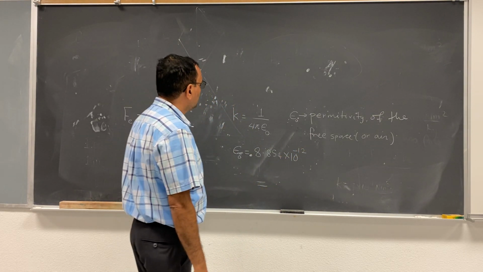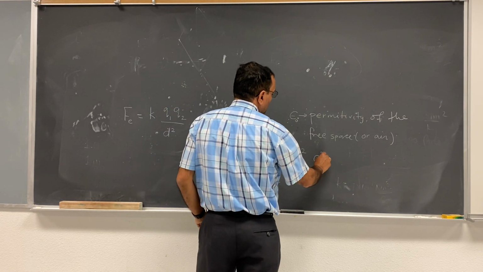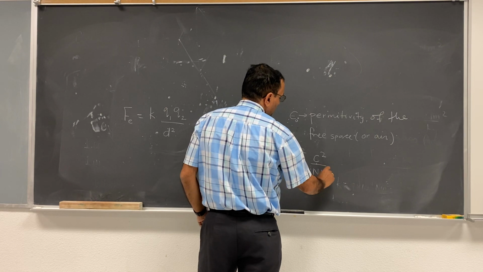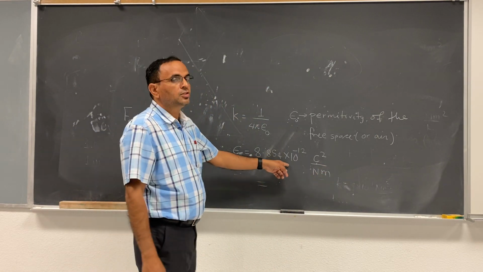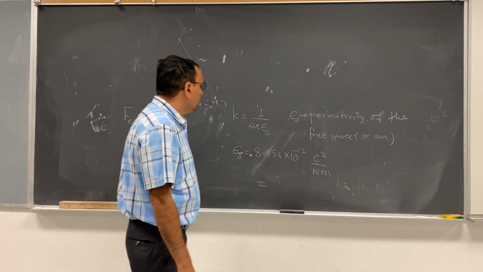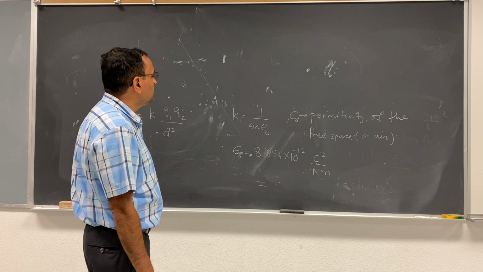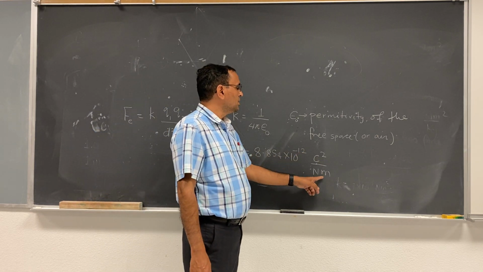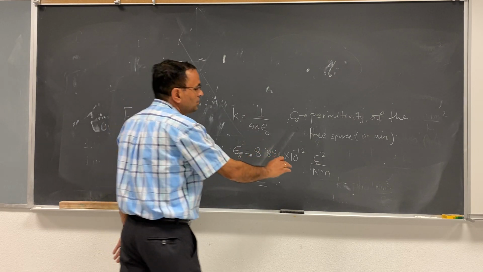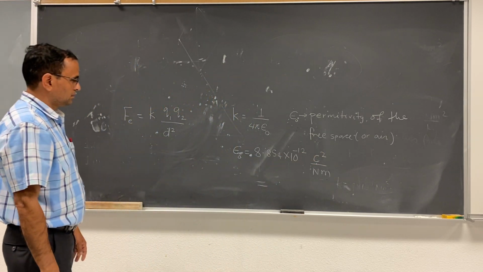Okay, now what is the unit then? I think it is Coulomb square per Newton meter. So this number, it is better to memorize it, or you can write it down in your formula sheet: 8.854 times 10 to the power negative 12. You can think about the unit. I think I am right. Coulomb square per Newton meter. Please check this. Okay.